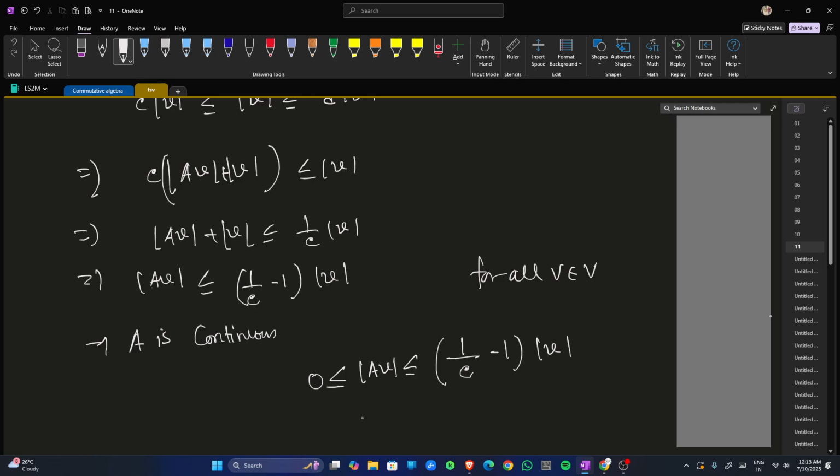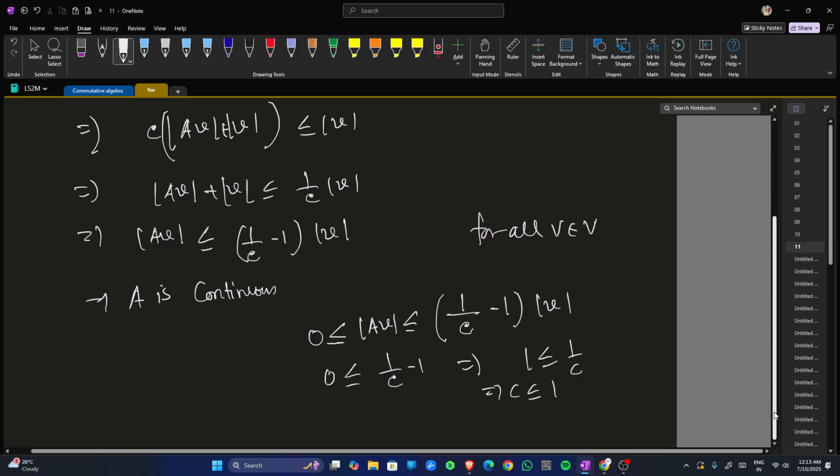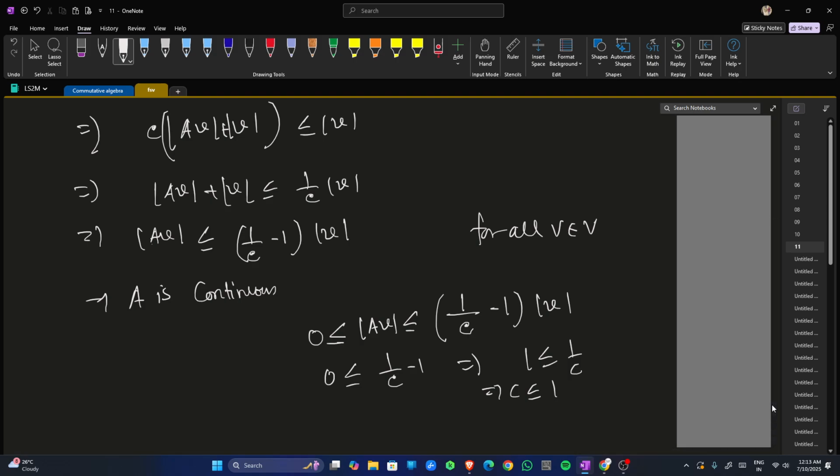If v is non-zero, divide it. Okay, if v is non-zero, we can divide it. So this is fine. 1 is greater than or equal to 1 by c. Is it fine now? How is this holding?